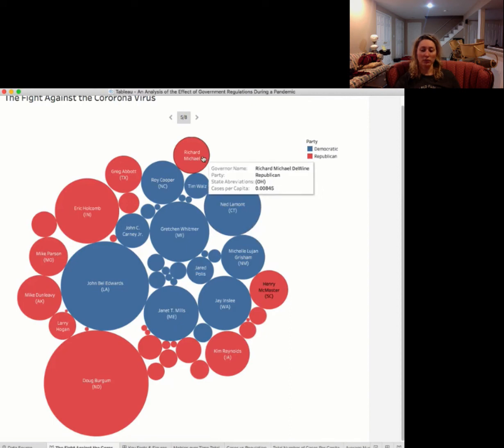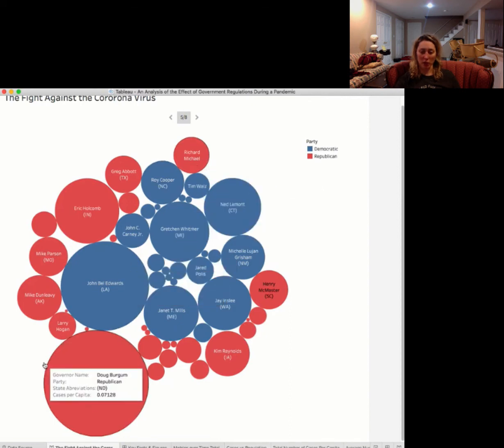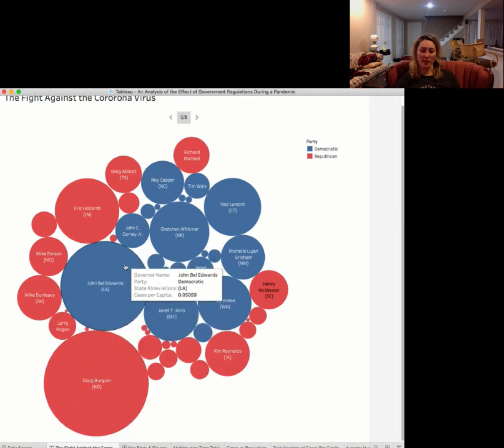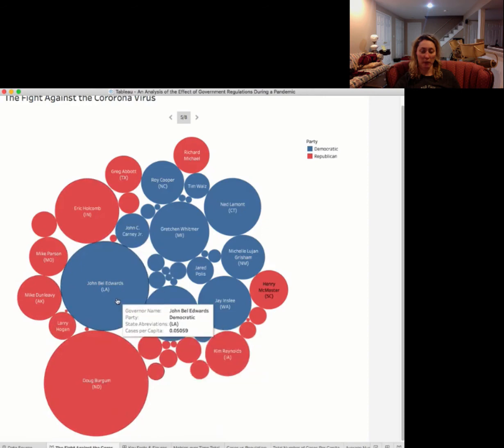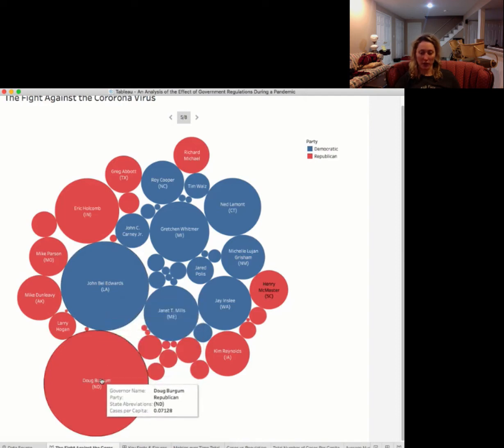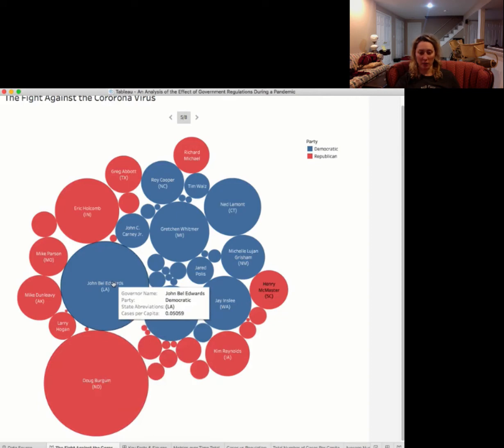So as you can see, some of the larger ones here, North Dakota, Louisiana, they're starting to get more cases than they expected, or than they recently than previously. So if you hover over here, you can look at the cases per capita as well as the party affiliation and state abbreviation, and you can highlight each one on the side here as well.